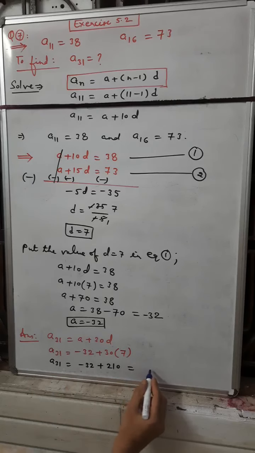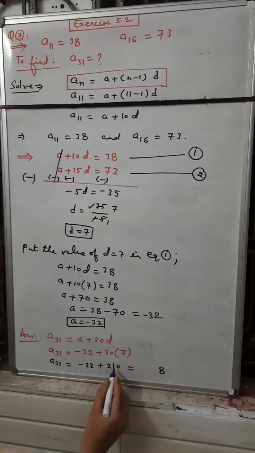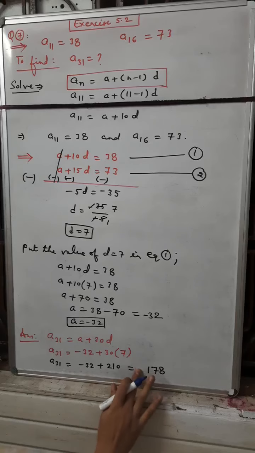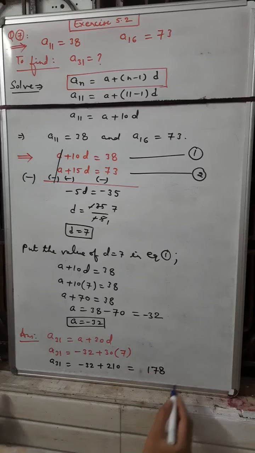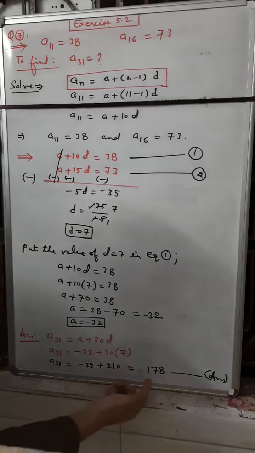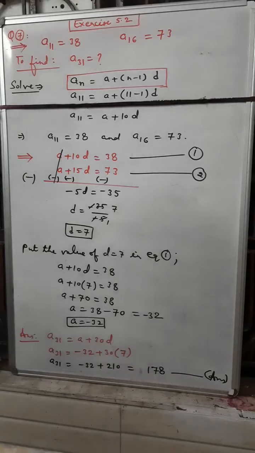So 210 minus 32 is 178. Plus 178, not minus. It is the answer of this question: the 31st term of that series is equal to 178.